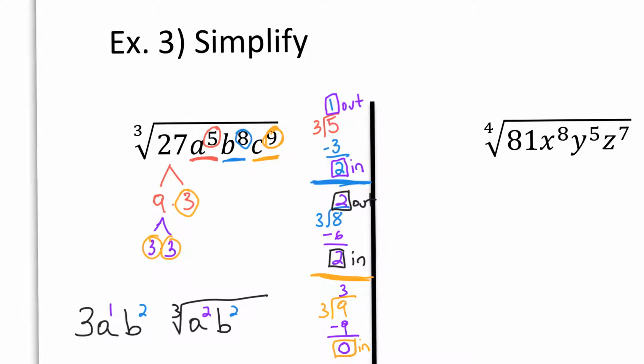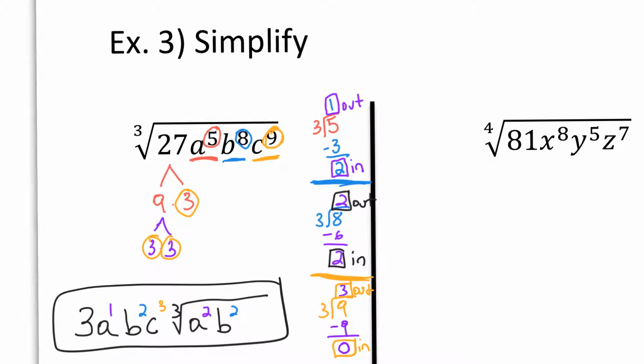No c inside of the radical, but outside of the radical you have c to the 3rd power. And that's my answer. You don't need the exponent of 1 for the a, so we have 3ab squared c cubed times the cube root of a squared times b squared.